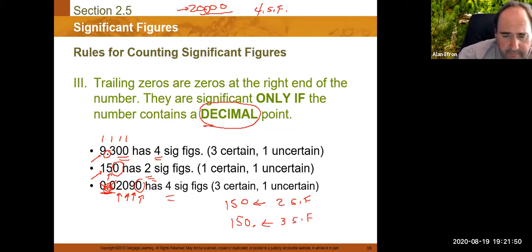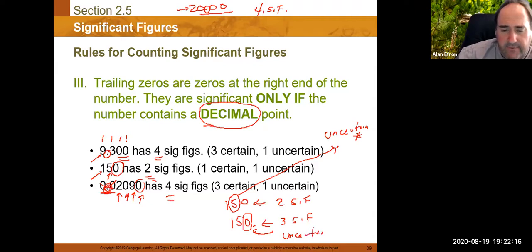And with no decimal point here, the 5 is the uncertain number, while when we put the decimal point here, that makes this 0 significant, and the uncertainty here is in that 0.